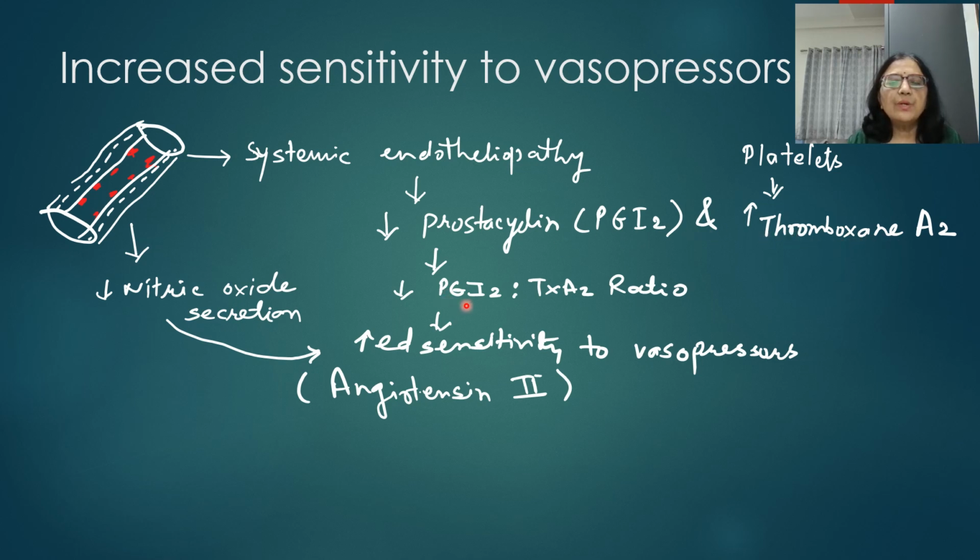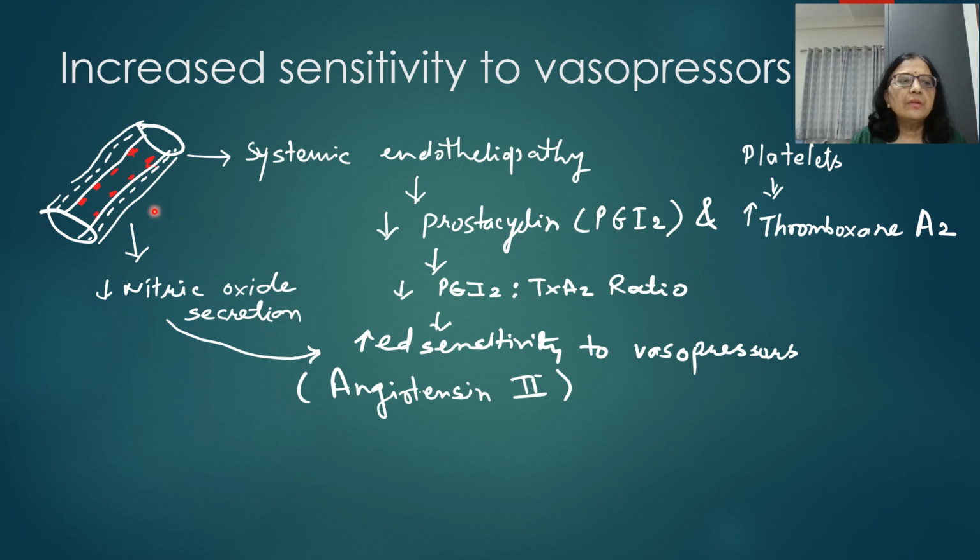So there is an imbalance between vasodilator and vasoconstrictor, imbalance between PGI2 and thromboxane A2. There is a reduction in PGI2 to thromboxane A2 ratio in patients with hypertension in pregnancy, and this leads to the increased sensitivity of the vessels to vasopressors, such as increased sensitivity to angiotensin 2, which is seen.